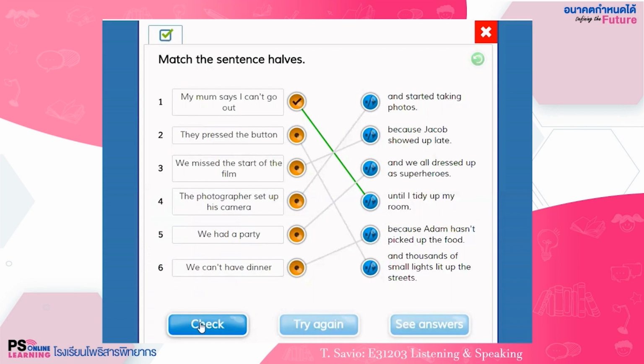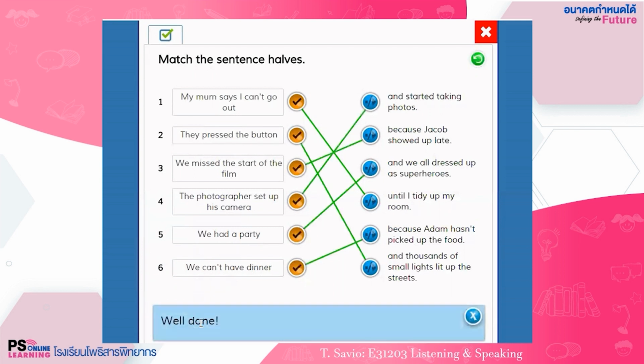Let's check our work. Well done. Let's just read the sentences. My mom says I can't go out until I tidy up my room. Number 2, they pressed the button and thousands of small lights lit up the streets. Number 3, we missed the start of the film because Jacob showed up late.